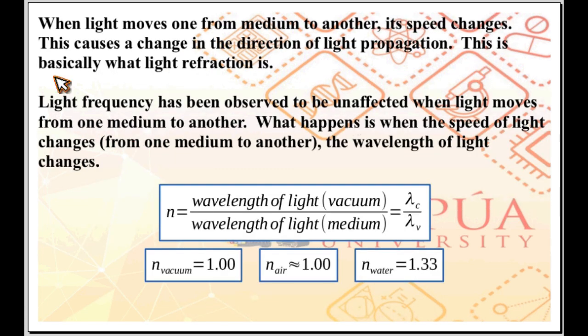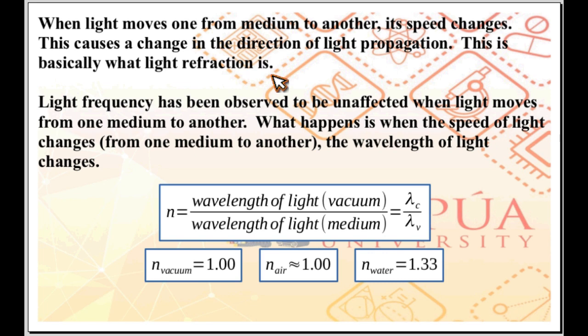This is basically what light refraction is. The speed of light changes as it moves from one medium to another. The direction of propagation of light changes when the light moves from one medium to another. We can say the light bends or changes in direction.